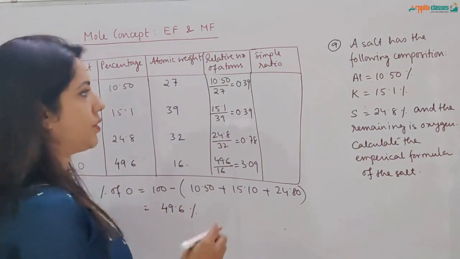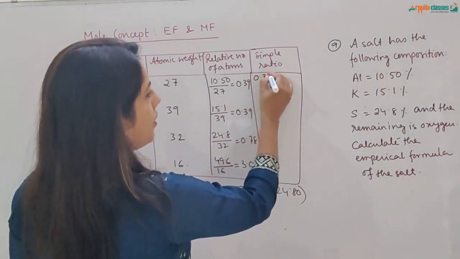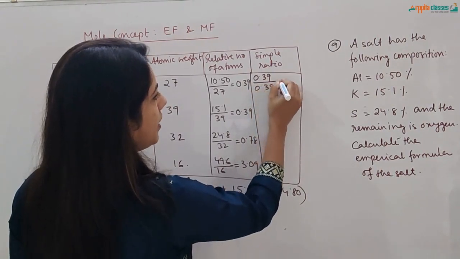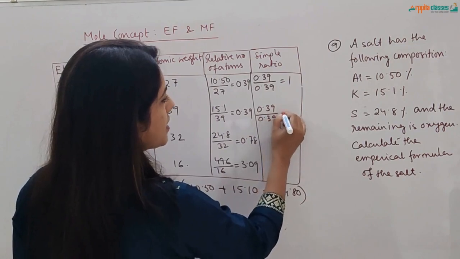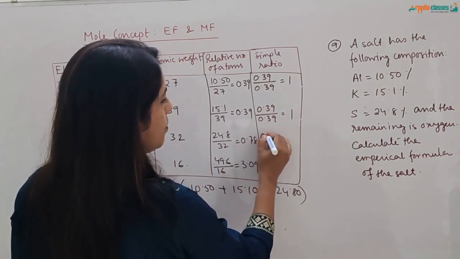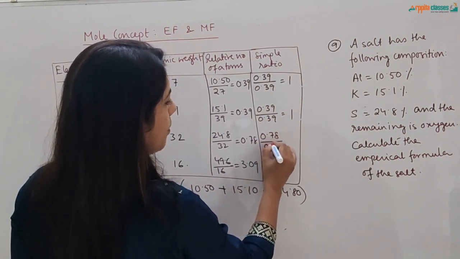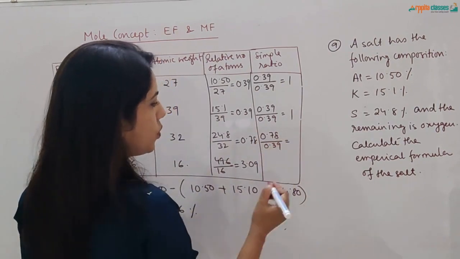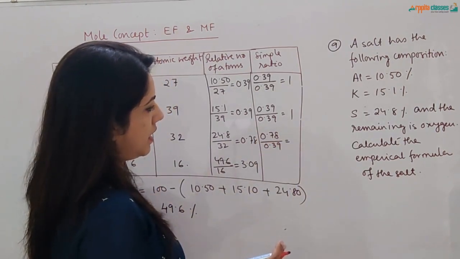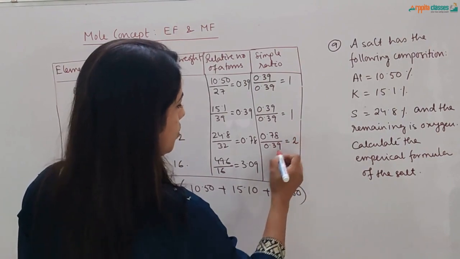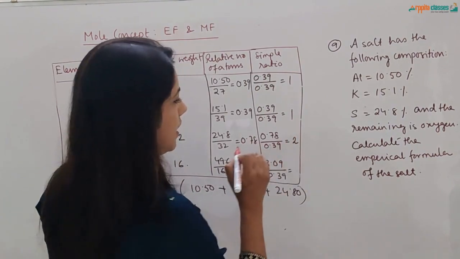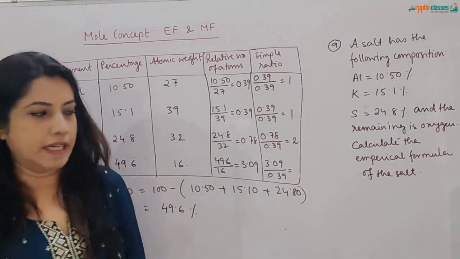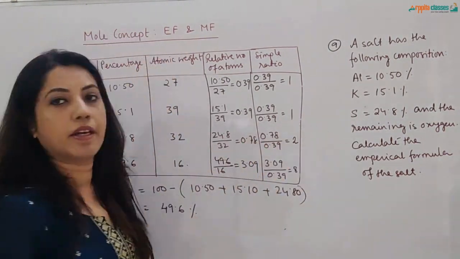We'll divide everything by 0.39. So 0.39 upon 0.39 comes 1. 0.39 upon 0.39 is 1. 0.78 upon 0.39 will come 2. And 3.09 upon 0.39 will come 8.